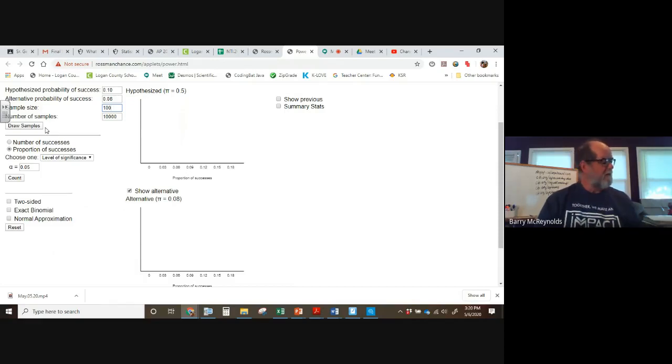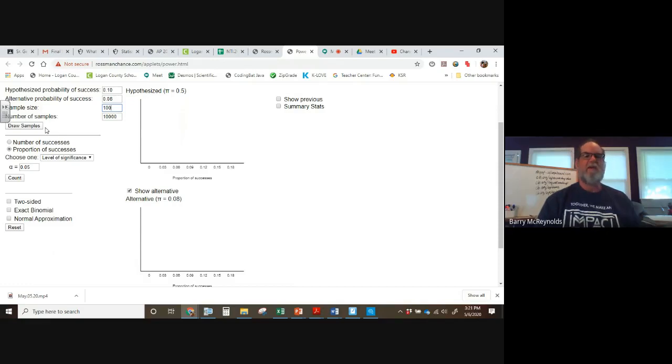The way we would describe that is, if the true probability is in fact 0.08, then the probability of correctly rejecting the null hypothesis is about 0.64. In other words, in about 64% of the samples that we could take of this particular sample size, we would correctly reject the null hypothesis when the true value is actually 0.08.